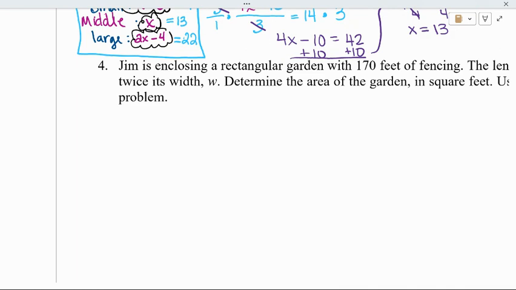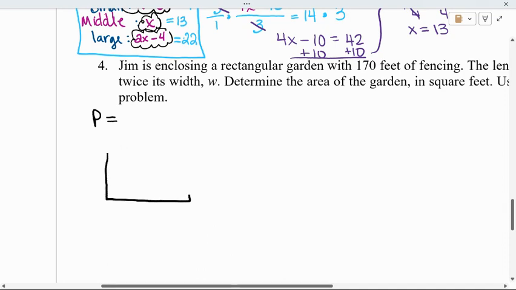Okay, so let's talk about perimeter first. How do I find the perimeter of a rectangle? Add up all the sides. Okay, so let's draw a rectangle really fast. Let's label the sides. My sides are either the width or the length, right?